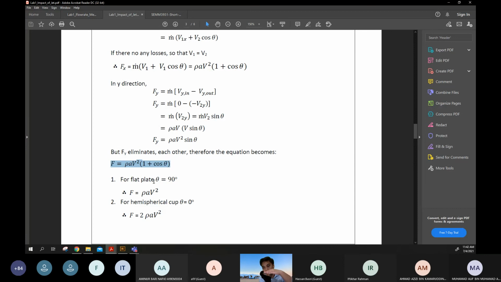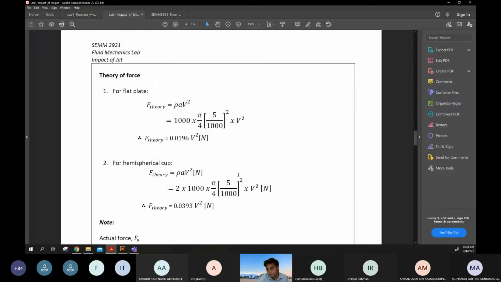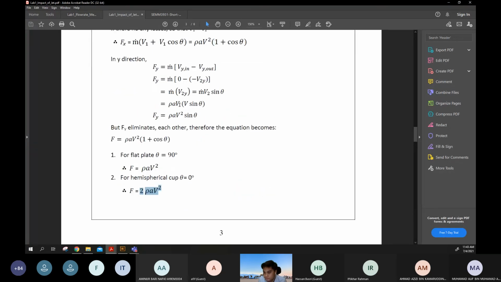We consider it as the zero angle. So you substitute theta with 90 degrees for this part, and you're going to have this equation. For the hemispherical cup, you substitute 0 into this equation, the cosine becomes 1. So 1 plus 1, 2, multiplied with this, you're going to have this equation. This is the general concept.